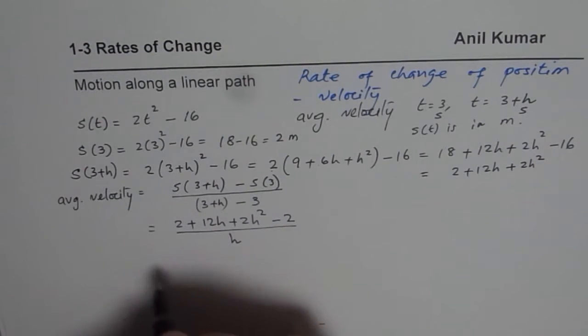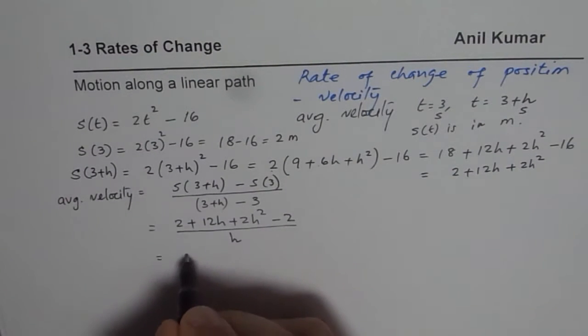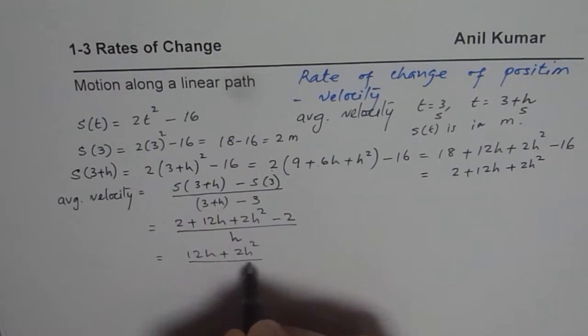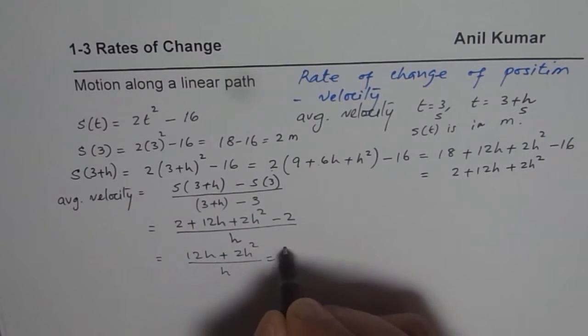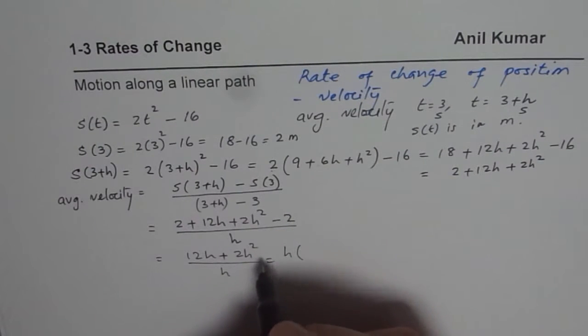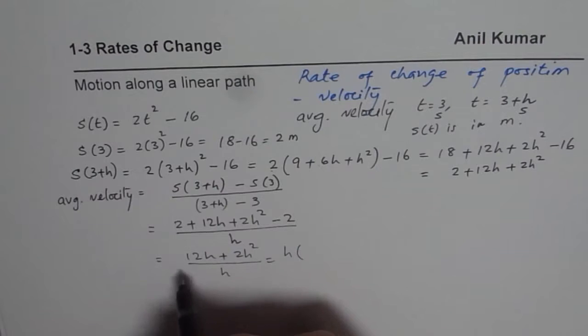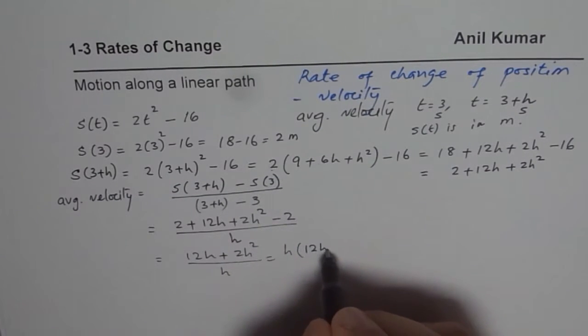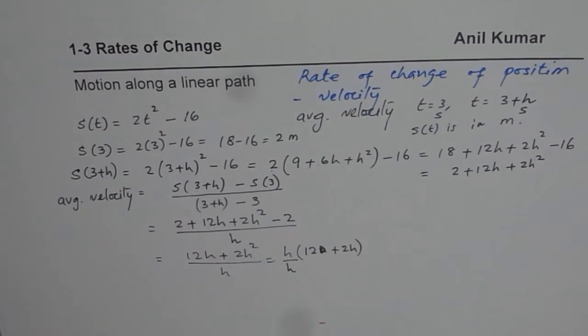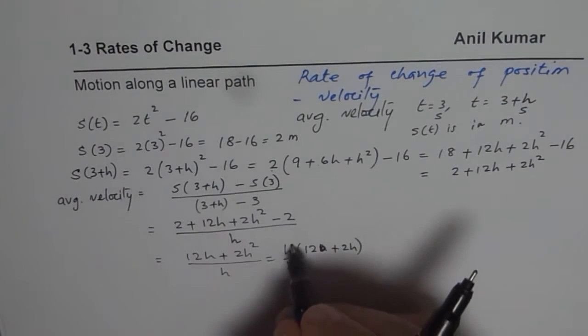Now 2 minus 2 is 0, so we get 12h plus 2h square over h. Taking h common, we get 12 plus 2h over h, and h and h cancel.